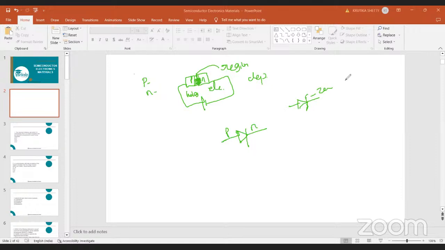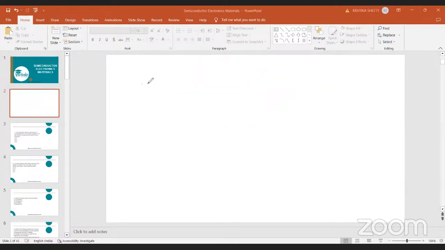So now, as I told you, I am connecting my PN junction or my diode to the external circuit. This is my P type, this is my N type here. Suppose I connect the P type to the positive terminal of the battery and the N type to the negative terminal of the battery, this is called forward biasing.